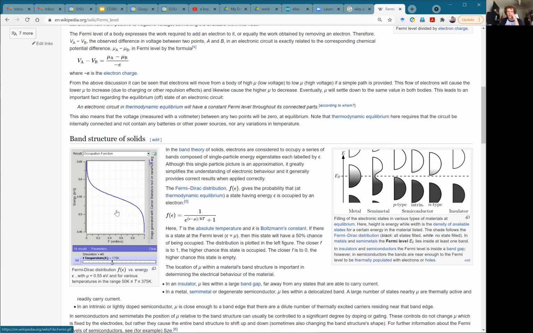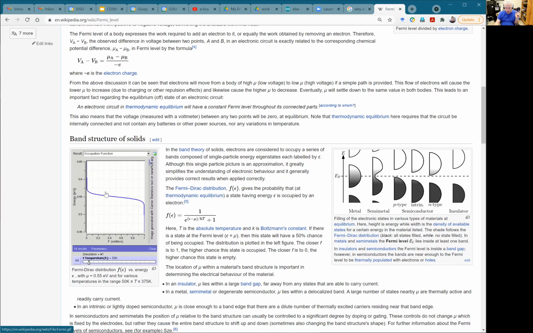They're being excited past the Fermi state, to the conduction band from the valence band. Yes, from valence to conduction. There we go. Sorting this out.